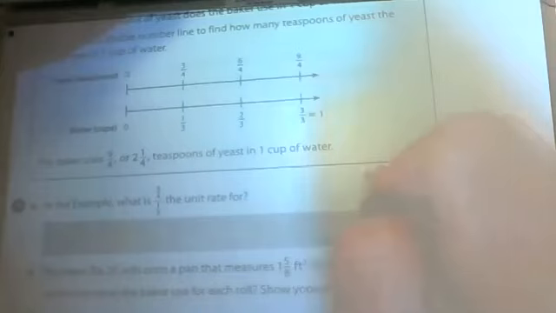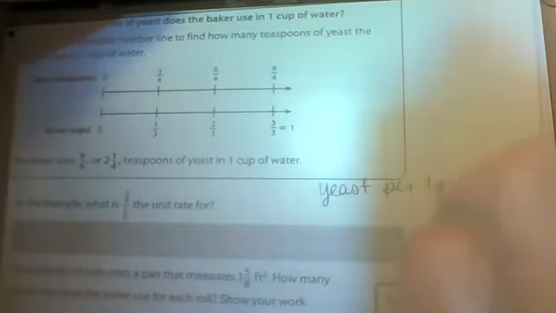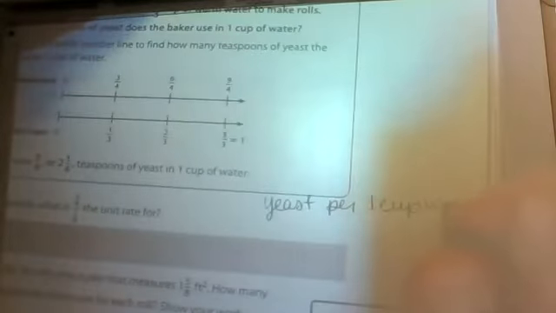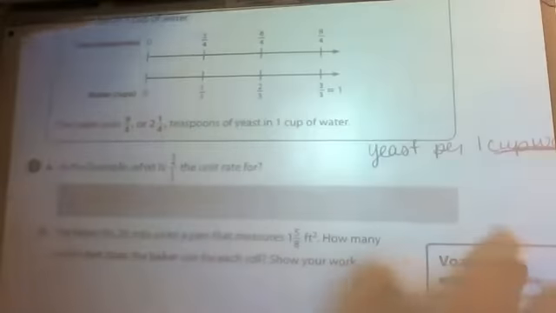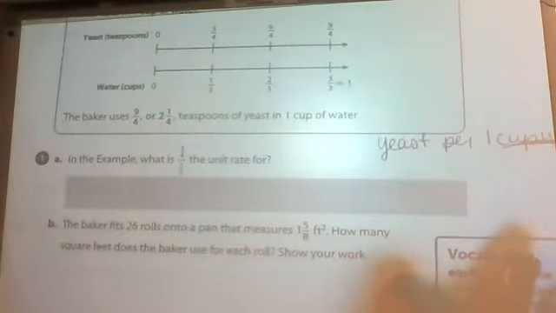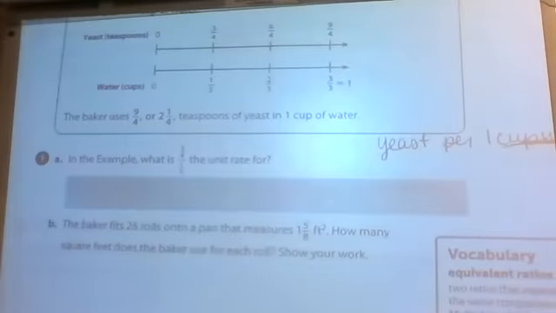Well, if we're looking to find how much yeast per 1 cup of water, that means the water is going to go on the bottom, because it's just like a unit rate, and in unit rates we have 1 as the denominator.